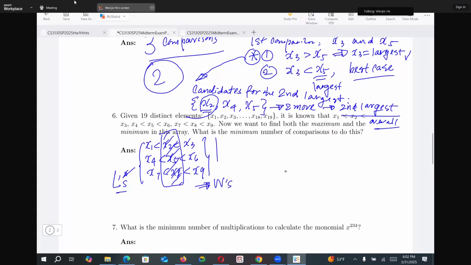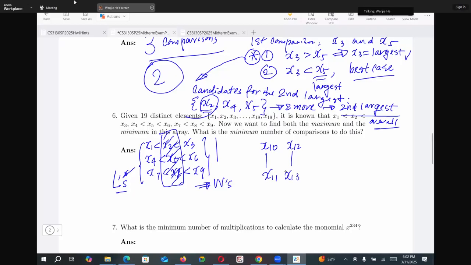The tournament part: that's what I mentioned in the previous example. So many students miss the tournament round, mainly for this question. A large number of students missed the tournament round. The tournament round starts from x10, x11, one pair, then 12, 13.